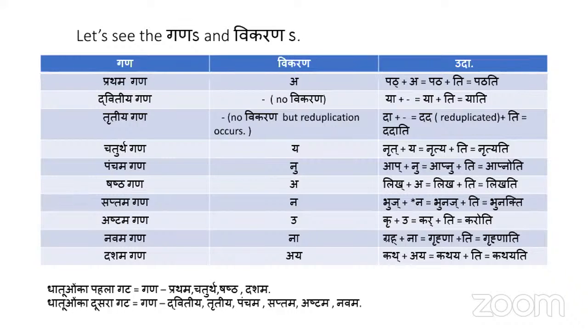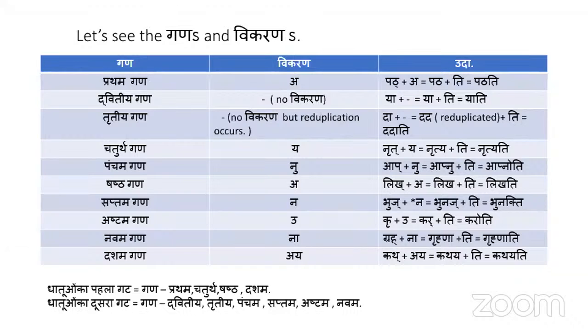Now see here, I have made a star mark in the example for that na. Why? See, root is bhuj. Bhuj means to eat. So by adding this na to root bhuj, it should be bhujna, right? But instead of bhujna, it forms bhunaj. It makes anga bhunaj. See why I have made here a star, because this na is added before the last letter of the root.